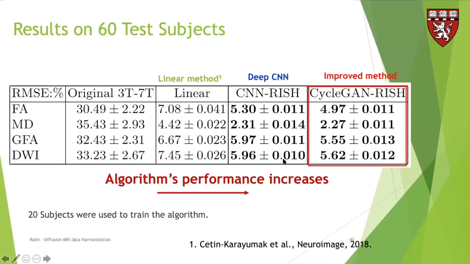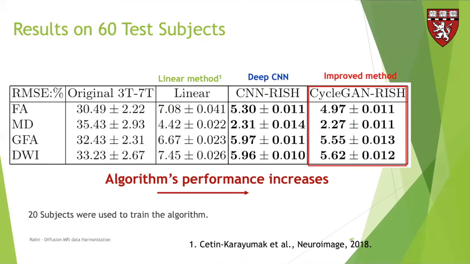Here you can see that at least in the FA, the root mean squared error is about 5%, in MD it is 2%, and so on. And as I mentioned very early on, the within-scanner differences are up to 4%. I think we are getting closer to the limit, obviously not there yet, but still getting closer. And I think this is promising.